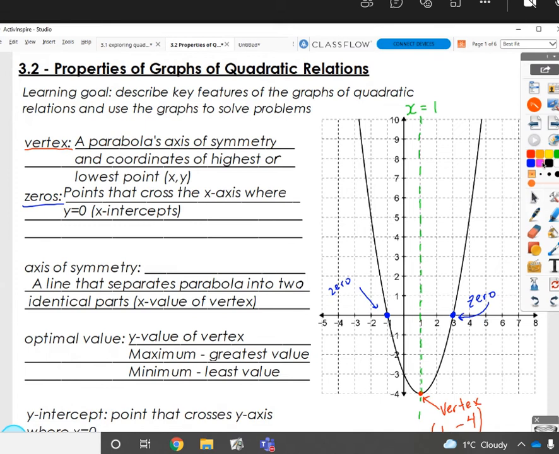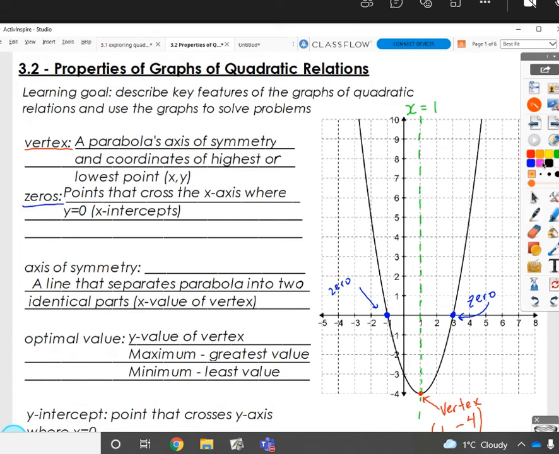So when we want to find the optimal value, we have to make a decision on whether this thing is going to create a maximum or a minimum. Because the parabola is smiling, it's happy, is this a maximum point, the top of a mountain, or a minimum point? Minimum.